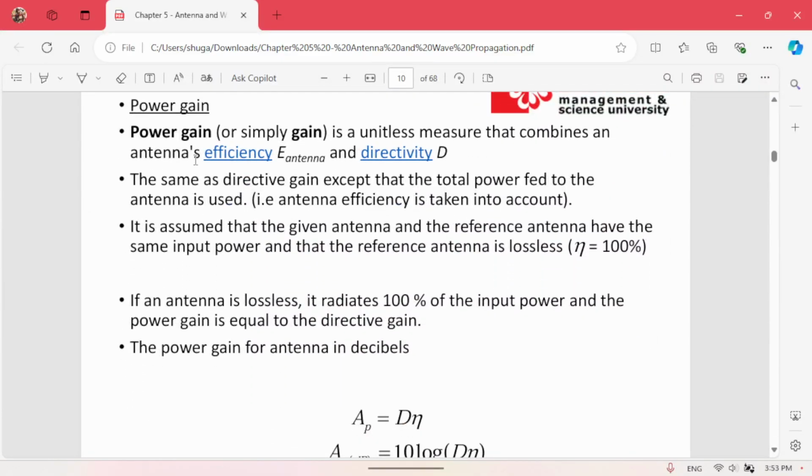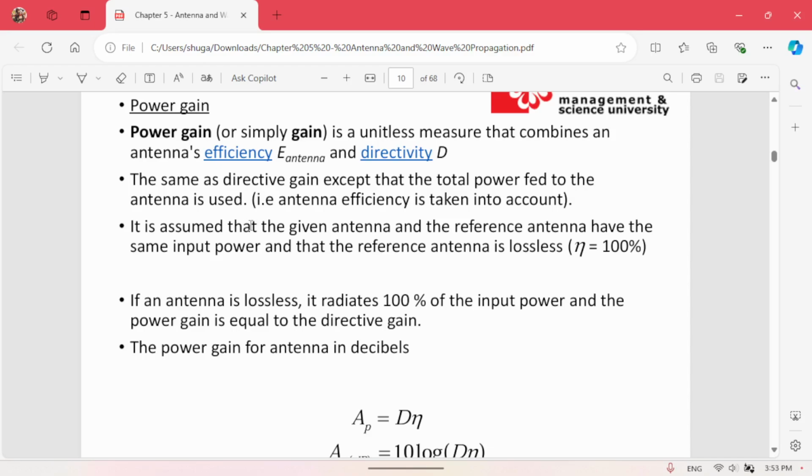The other one is the power gain, or just simply gain. It is a unitless measure that combines an antenna's efficiency and directivity. It is the same as directive gain, except that the total power fed to the antenna is used.